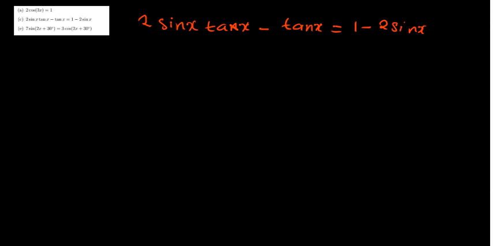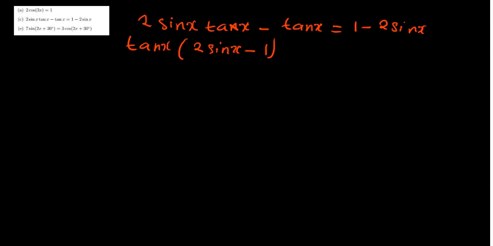I've seen on the left hand side of the equation that tan x is common. By common factorization, we factorize tan x. So tan x, open bracket, 2 sine x minus 1, since we only had tan there.